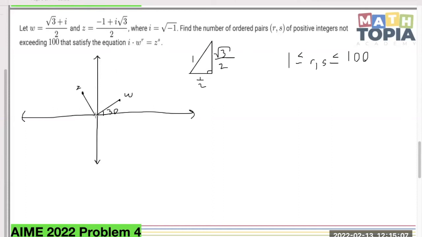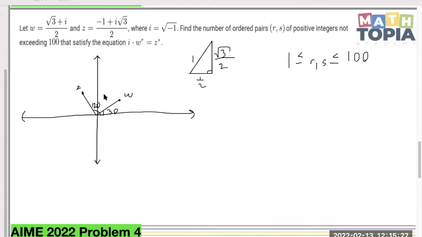And Z, well, this is going to be 60, so subtracting from 180, we know Z is the number that represents a 120-degree rotation. It's 120 degrees rotated from 1, because both of these have hypotenuse 1.